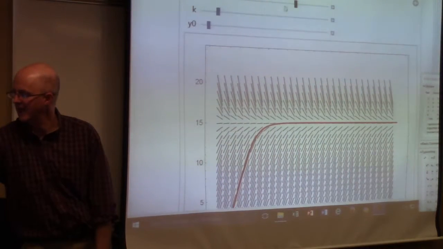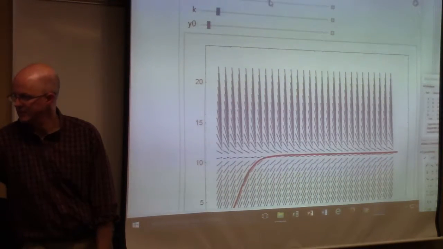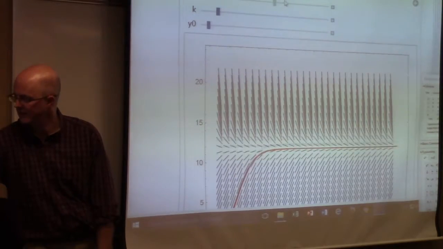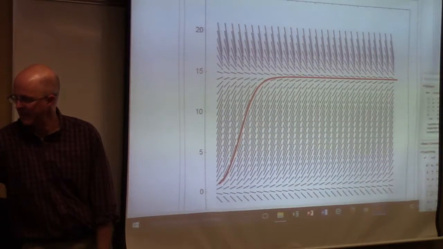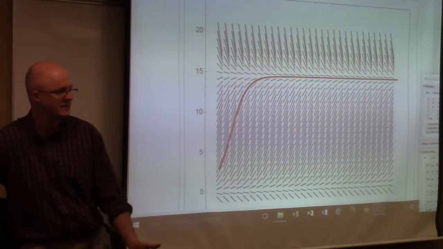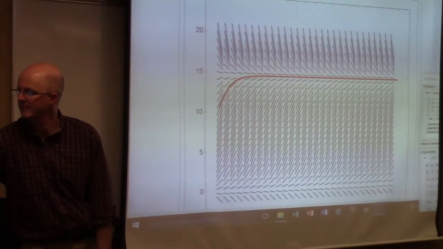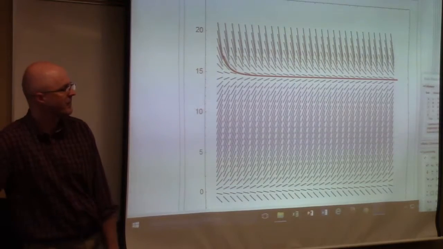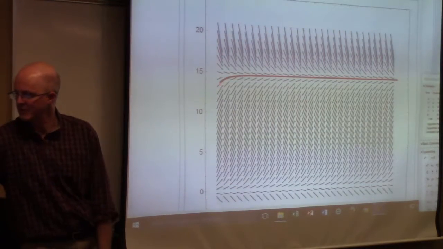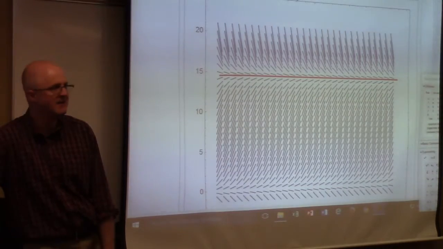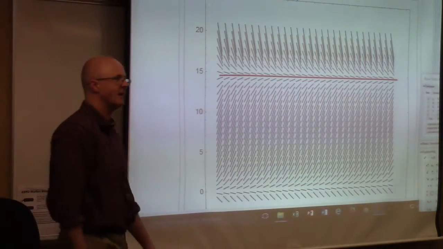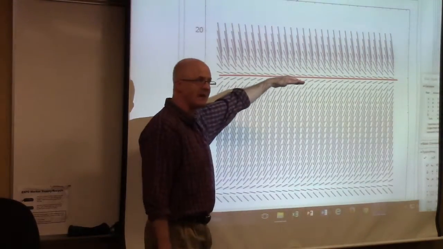Again, changing k and l changes the particular situation, the particular differential equation you're thinking about. Changing the initial condition for fixed k and l just changes what the starting population is. There's a couple special solutions in here, by the way. When the initial condition is the same as l, then the solution is horizontal.